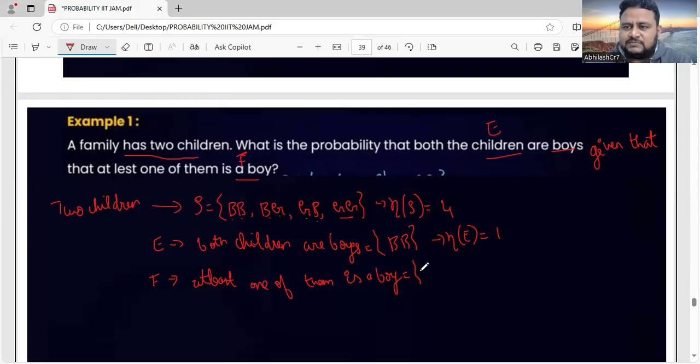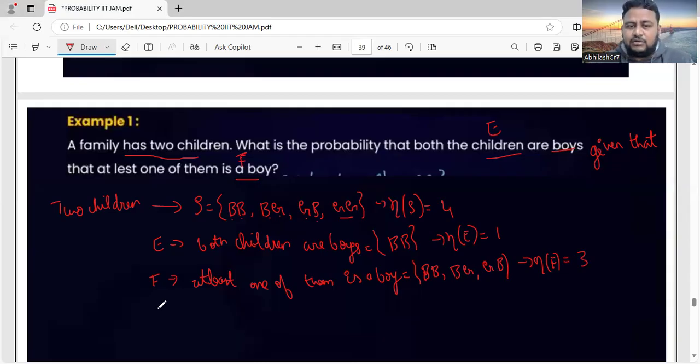So one is a boy, another one can be a boy itself. One is a boy, another one can be a girl. First one is a girl, another one can be a boy. So here n of F, the cardinality of F, is given by 3.